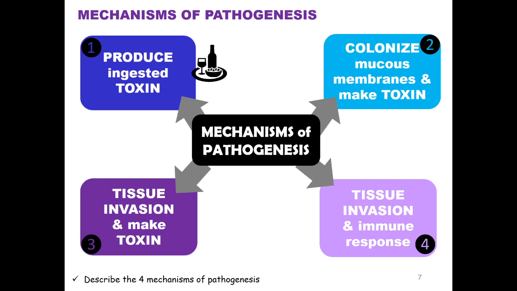Other microbes go deeper, so they can get underneath skin, or they penetrate through that mucosal lining, and then they make their toxins. And other microorganisms don't have a great arsenal of toxins, but it is our immune response to them that does the majority of the damage of the disease. And so I'll be pointing these out to you.